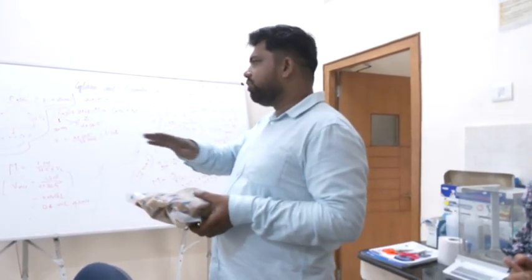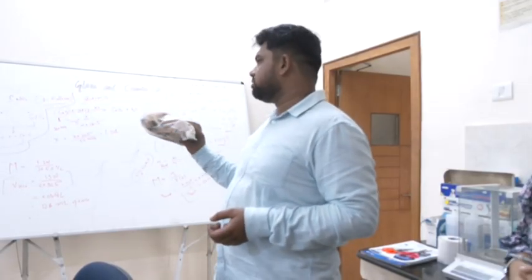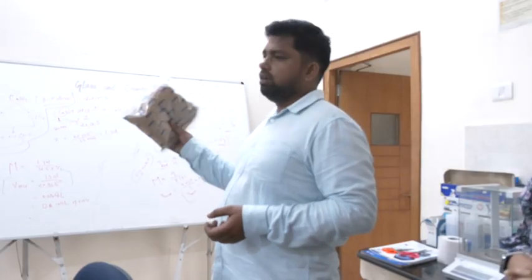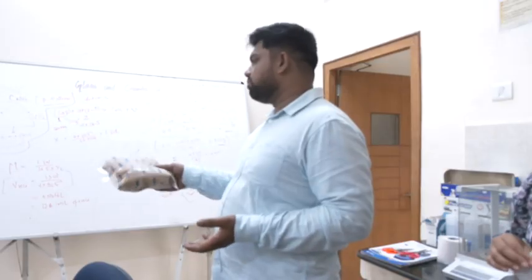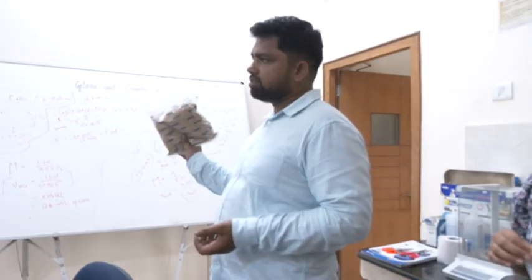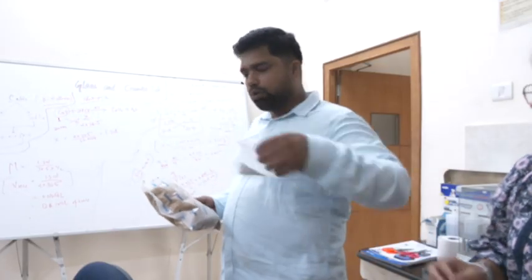Means the surface impurities, whatever is there, will get removed. Then we treated this with 1 molar HCl solution at 70 degrees. Previous researchers have shown that at 70 degrees we can get maximum silica out of rice. So we have used those conditions to extract SiO2.